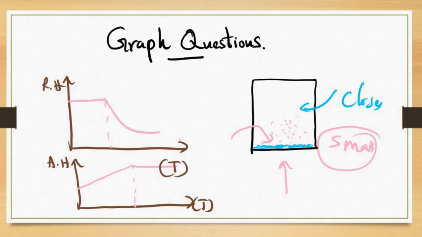When the temperature increases, the P over Ps or M over Ms requirement will increase, but the value will not increase that much, right? So you should know how to analyze these graphs.